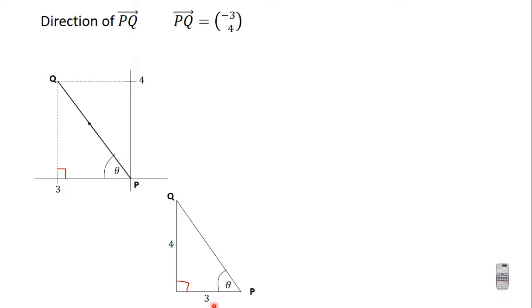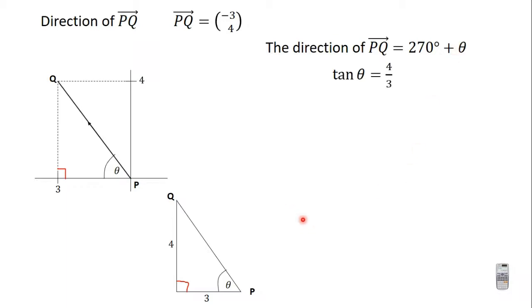So I can use tan. We know that the direction of PQ is equal to 270 degrees plus theta. So we are finding theta. Tan theta is equal to opposite, which is 4, divided by adjacent, which is 3. So theta is equal to tan inverse of 4 divided by 3, and corrected to one decimal place that is 53.1 degrees.